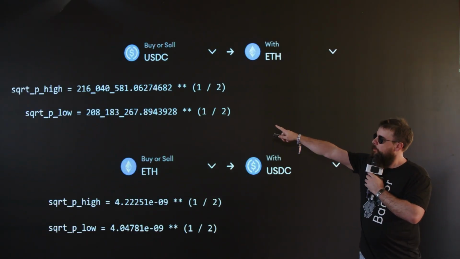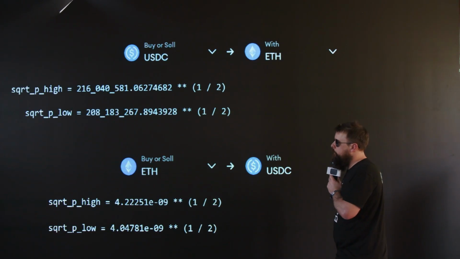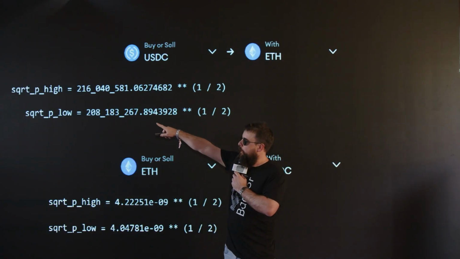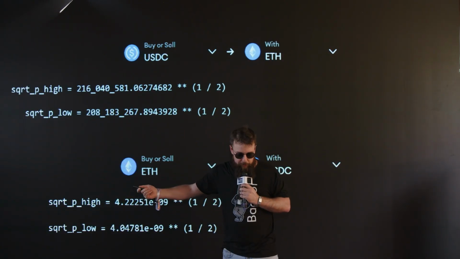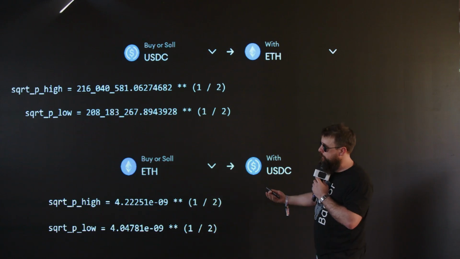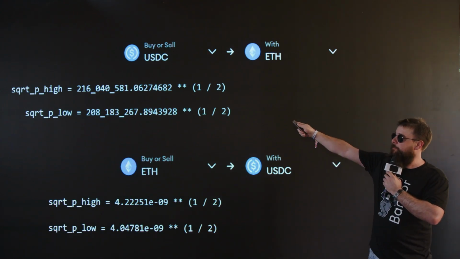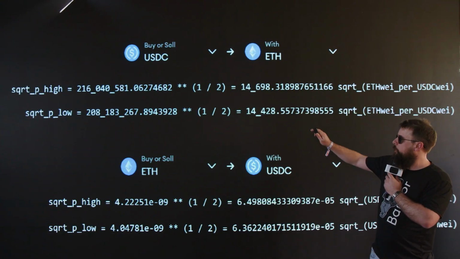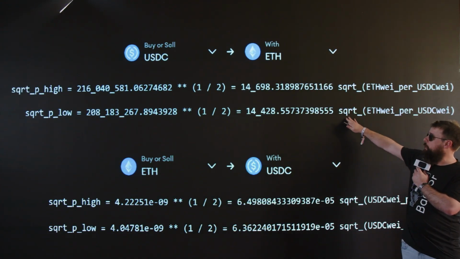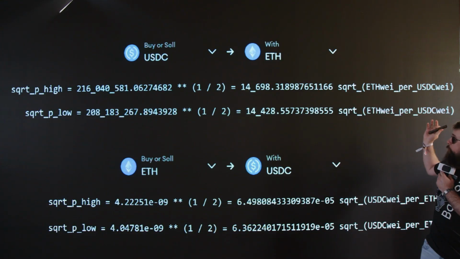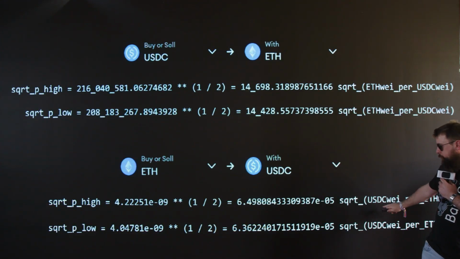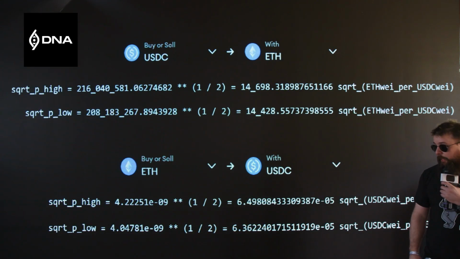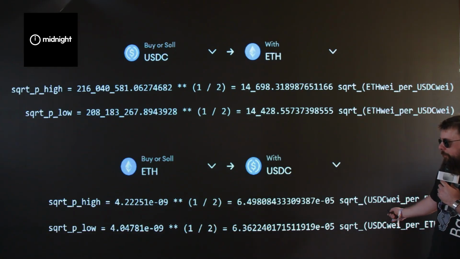Okay, so let's have a look at these numbers now. That's square root P high, again, that inverted price flipped back into the wei system that we were looking at before. This time just raised to the power of a half to take the square root. Now that number comes out to be this, and we now have units of square root ETH wei per USDC on the top, and square root USDC wei versus ETH on the bottom.